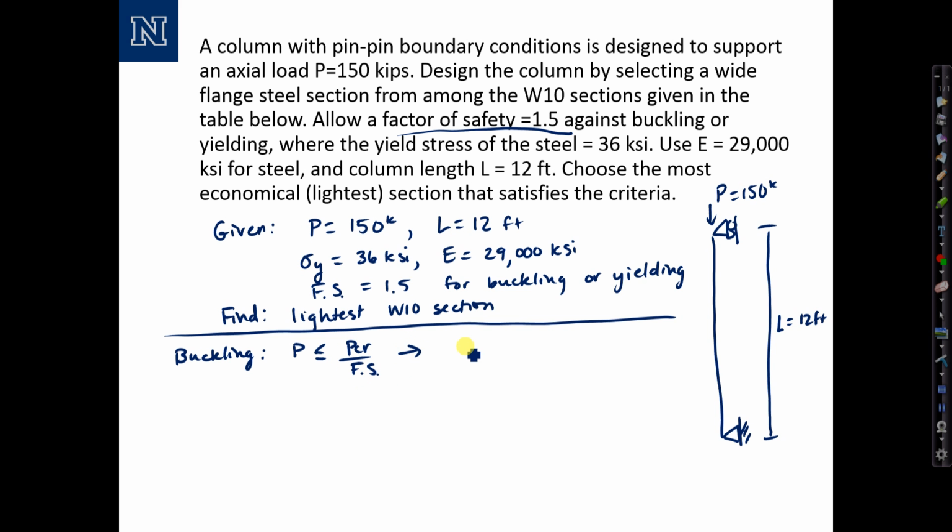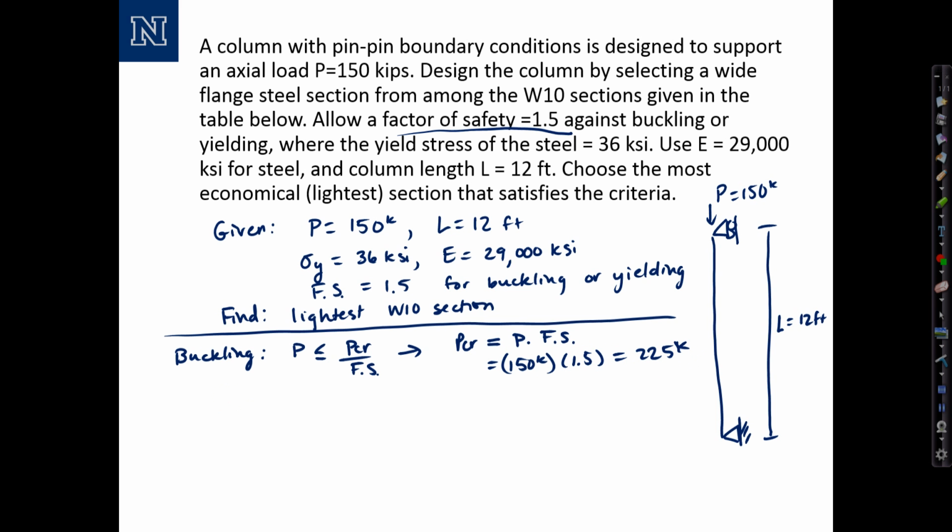I can rearrange this to solve for a minimum P crit that the column has to supply, which is equal to P times the factor of safety, which is 150 kips times the 1.5 factor, and that's 225 kips.